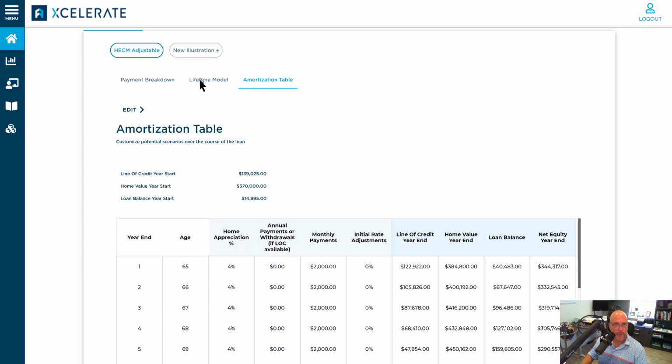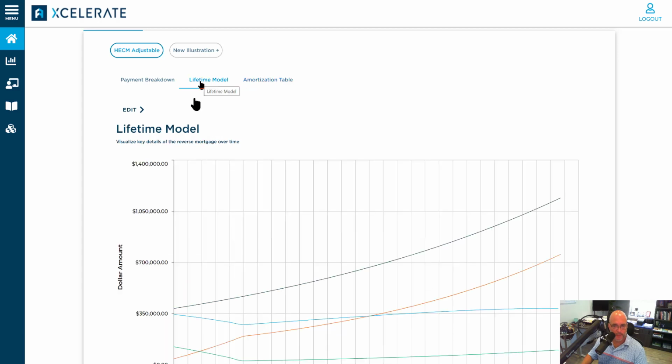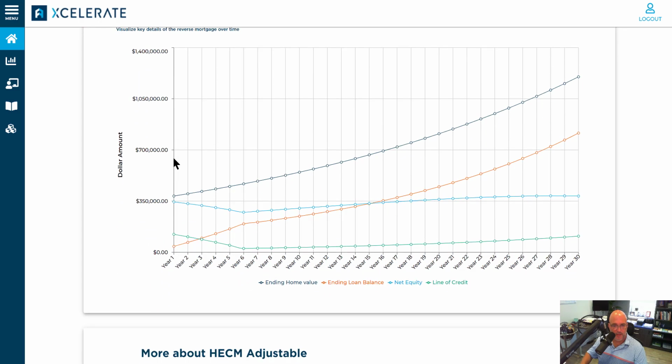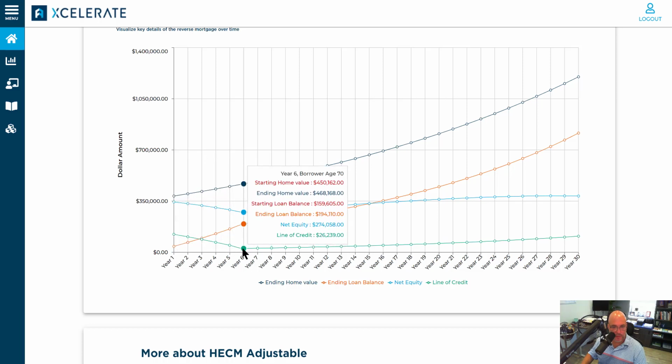And if we look now at this lifetime model, it looks a little different. So what's happened here is, of course, your line of credit has dropped. So it started at 139,000, and 6 years later, after pulling $24,000 a year tax-free, you're down to a line of credit of only $26,000.